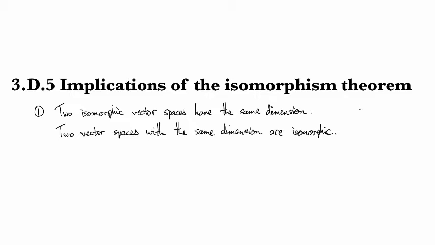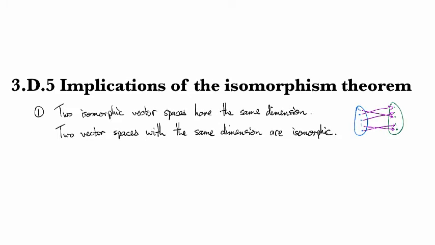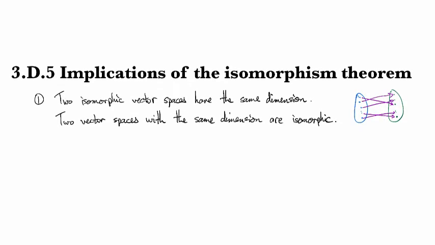You just write down a basis for one and a basis for the other, and they have the same number of elements, so then you just need to give some kind of a bijection between these things that matches up how they are, and that bijection of the basis elements gives you an isomorphism of the vector spaces.